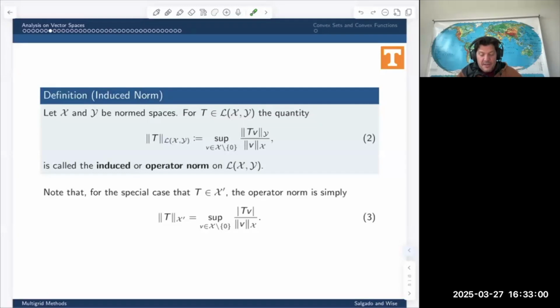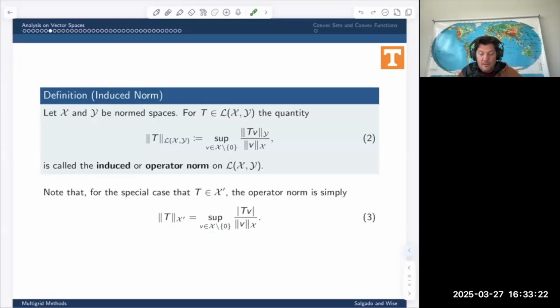Now, for the special case that T is a bounded linear functional. The dual space is the space of all bounded linear functionals. So if T is a bounded linear functional, then the operator norm simply rewrites like this.